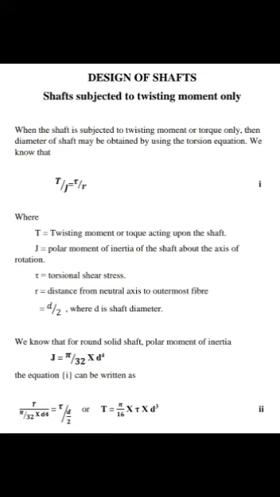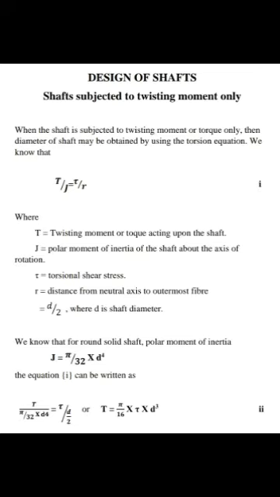The first case will be taken today, shaft subjected to twisting moment only. When the shaft is subjected to twisting moment or torque only, then the diameter of the shaft may be obtained by using the torsion equation, which says the ratio of twisting moment or torque T to the polar moment of inertia J is the same as the ratio between shear stress produced and the maximum distance between neutral axis and outermost fiber.